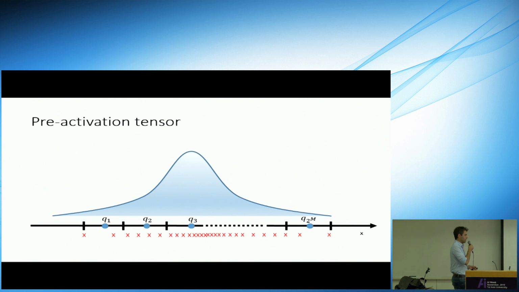What do I mean by quantize? Dividing the space into bins. Each time a full precision value falls in a bin, we replace it with the quantized value. Now we need to select the parameters of this quantization.